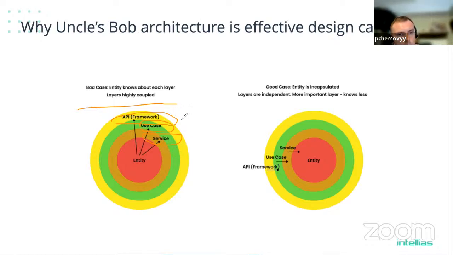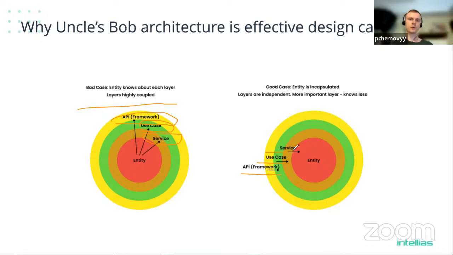And having that in mind, we need to structure our entity in an encapsulated way. So each such layer should know only about the stuff it is working with. And the most important stuff should know nothing about the outside world.